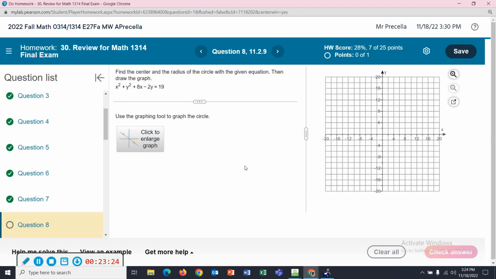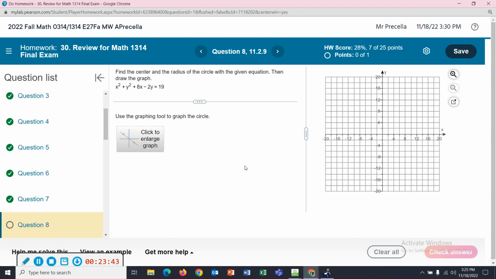Now number 8. Find the center and the radius of the circle with the given equation, then draw the graph. Number 8.